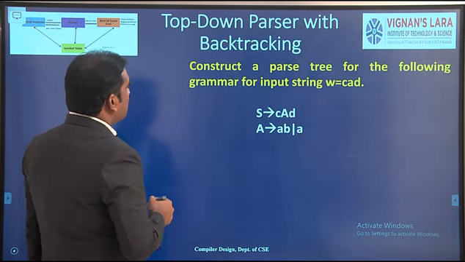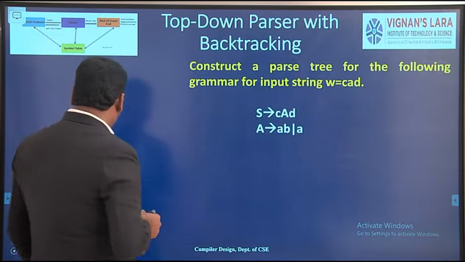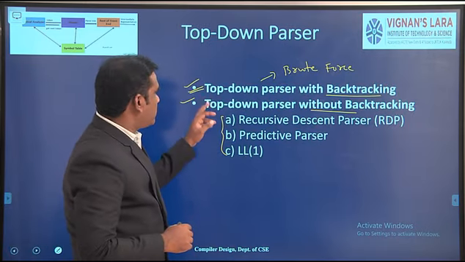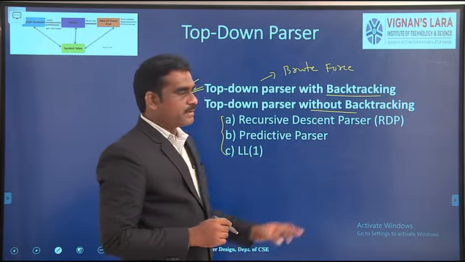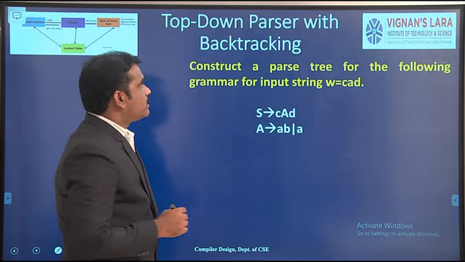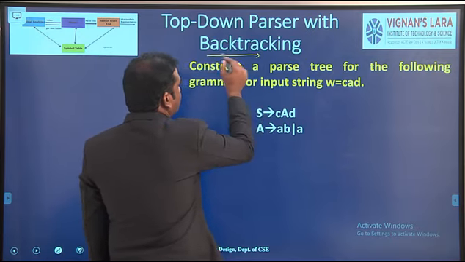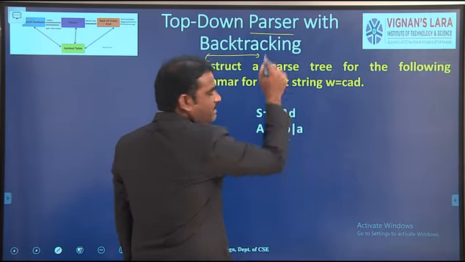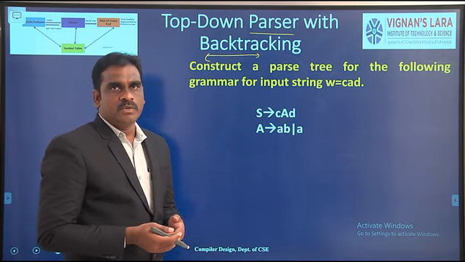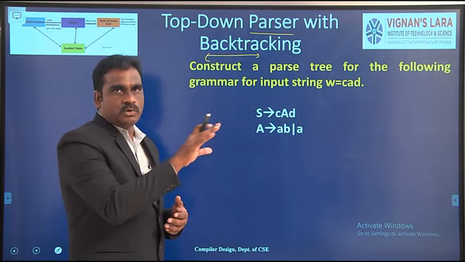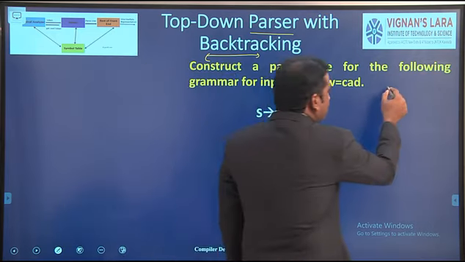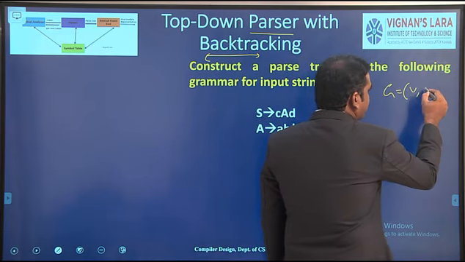Now, the first one is top-down parser with backtracking. In this class we are discussing the top-down parser with backtracking. First of all, what is meant by backtracking? First of all, what is meant by parser? Parser means nothing but constructing a tree. A tree has some nodes. Here the input is a grammar. Grammar means G equal to (V, T, P, S).